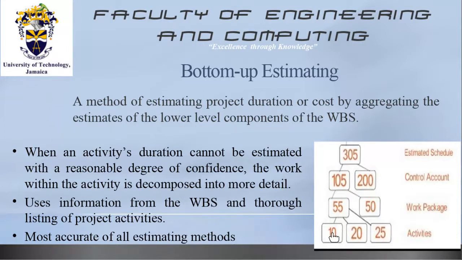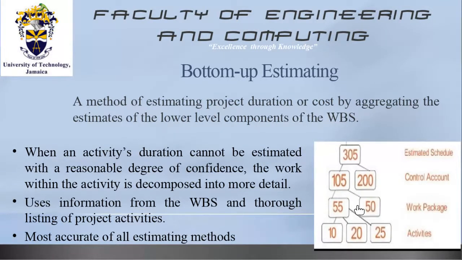Then when we cost the activities, the cost of, for example, these 3 activities down here, 10, 20, and 25,000, let us say that's the cost to execute these 3 activities. When you add them all up, then that comes to 55. So this particular work package has only 1 activity in it, right?